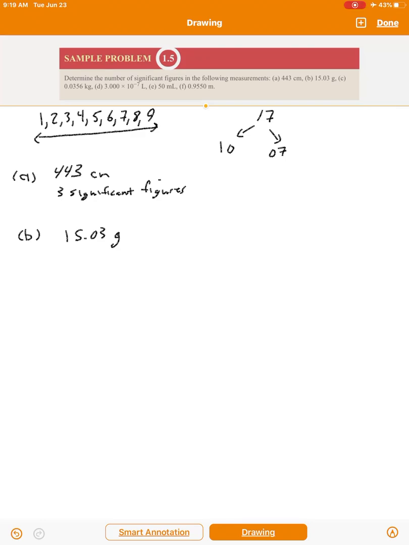And here are the rules of 0. I'm just going to give you the first one. A 0 is considered captive if it's between two significant figures. So you see how that 0 there is between a 3 and a 3, and the 3's are significant? If it's in between, we call that captive, then it is also significant.